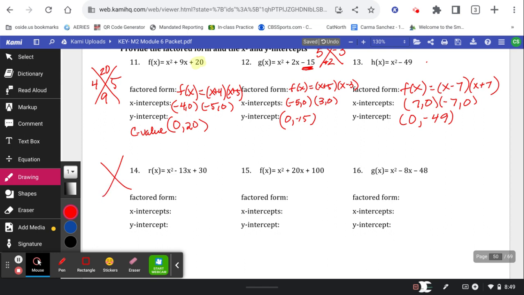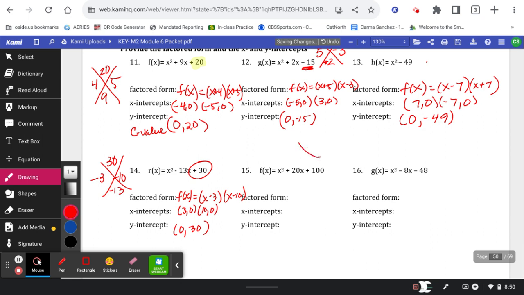What times what equals 30 and adds up to negative 13? You got it, 3 and 10. Both of them need to be negative for this one to work out. So my factored form, x minus 3, x minus 10, that makes my intercepts 3, 0, 10, 0, and there's my c value, my y-intercept staring at me.